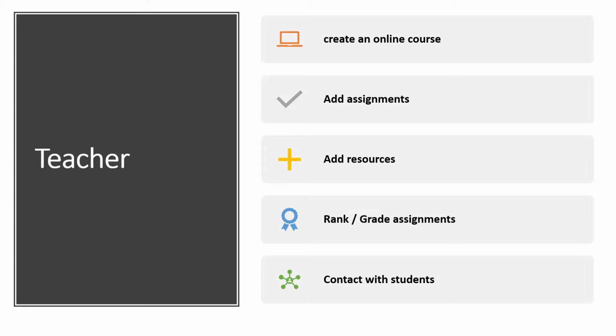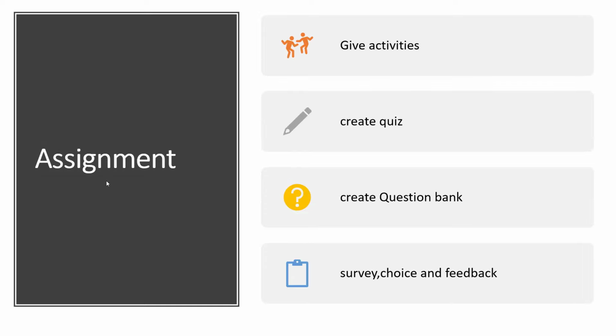In the online platform, teacher can add assignments for the students. In the assignment section, teacher can give activities to the students and teacher can create quizzes. The quiz may be multiple choice or fill in the blanks, whatever it may be, and the teacher is able to create a question bank and the teacher can run surveys, choices and get feedback from the students.